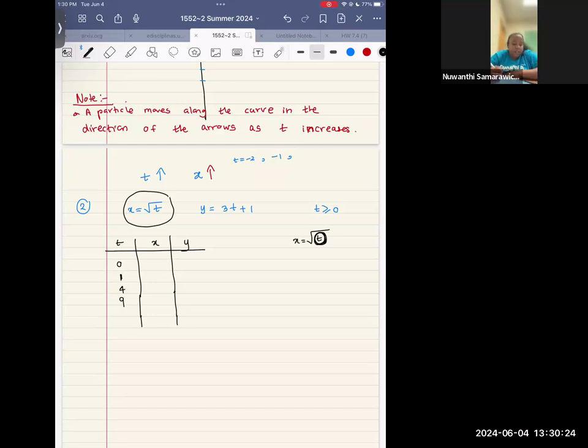Okay, so when t is equal to 0, what are the values? It's just (0, 1), then (1, 4), (2, 13), (3, 28). Yes, good, Kyla.